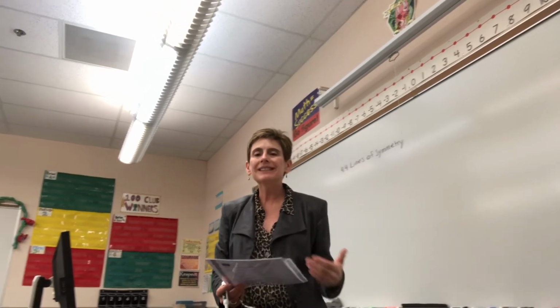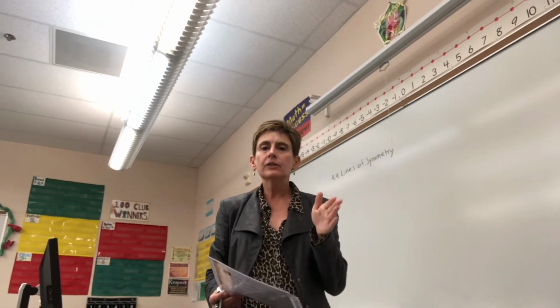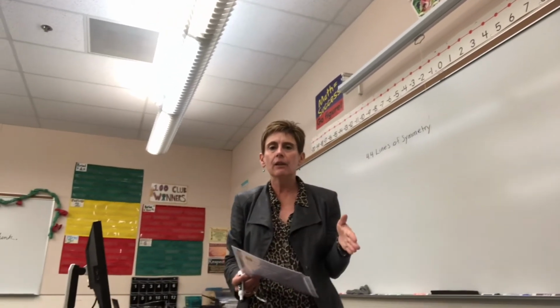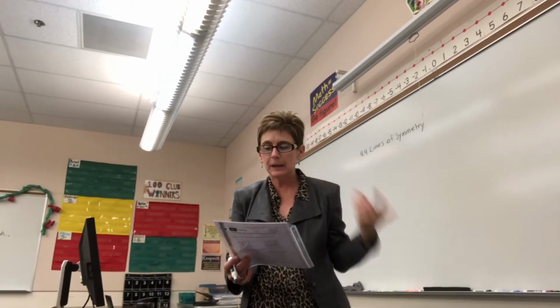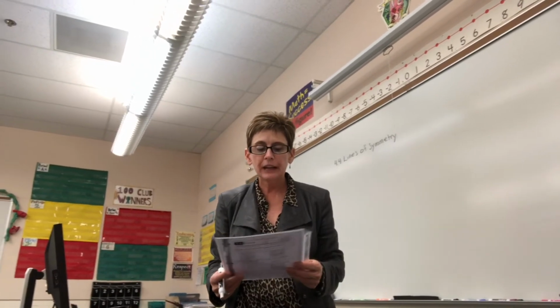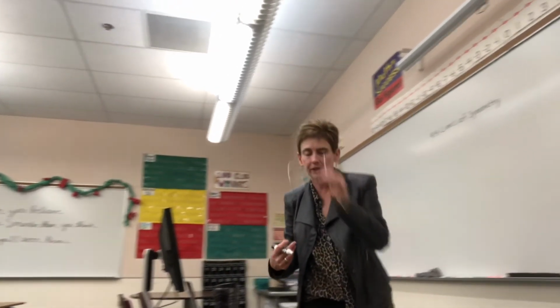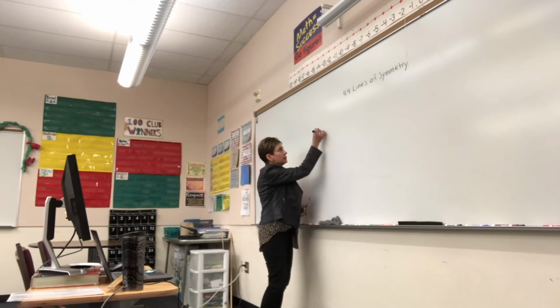What this means in essence is if you can draw a line through the figure such that the left-hand side of the line and the right-hand side of the line are mirror images of each other, then that is a line of symmetry. The line of reflection is called a line of symmetry, and a figure can have more than one line of symmetry. So let's just do 3 short examples of lines of symmetry.